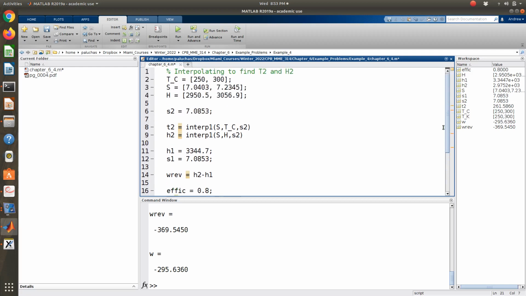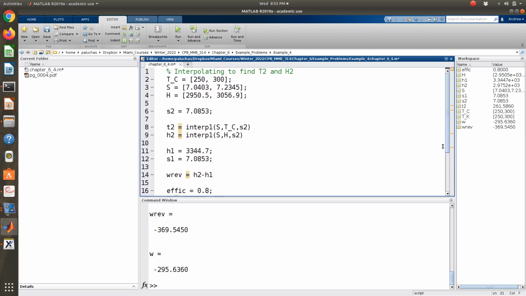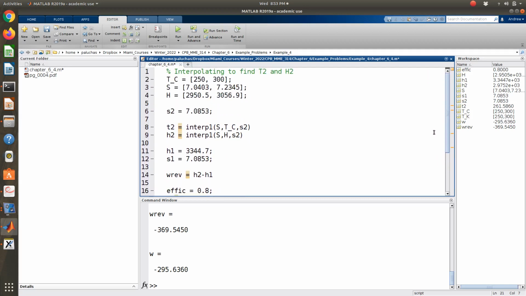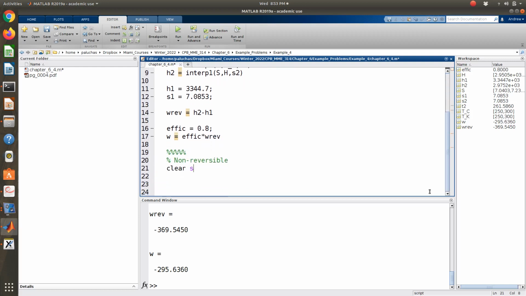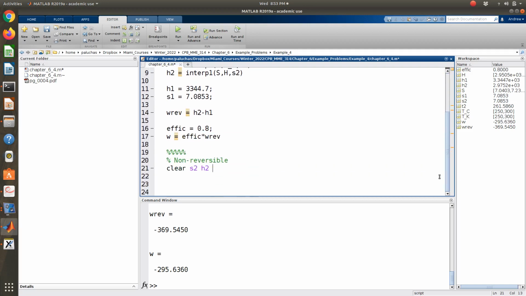Let me clear S2, T2, and H2, and I'll clear S and H.